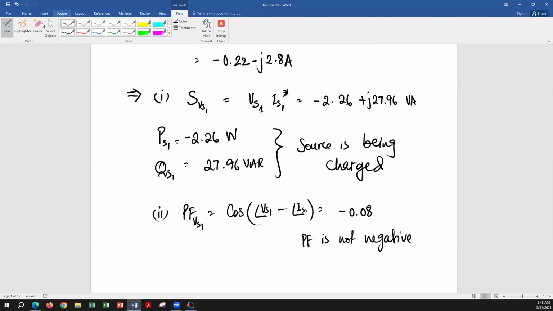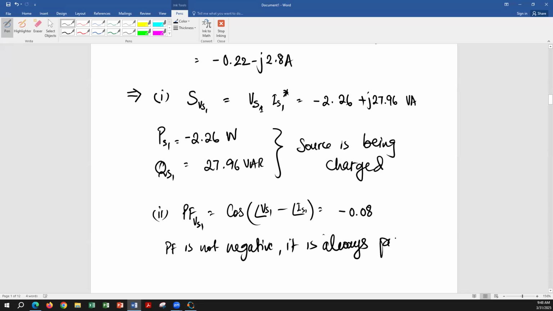Let me write it here so I don't have to use multiple lines. Positive, between 0 and 1.